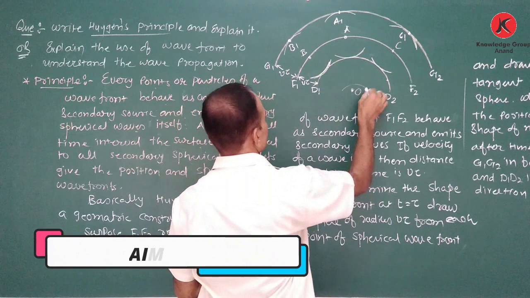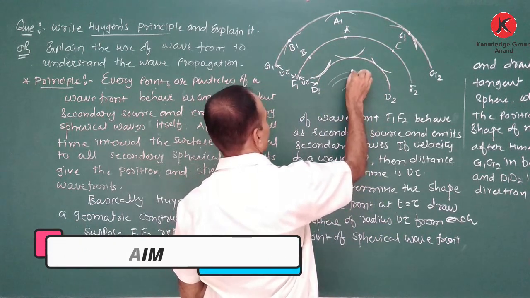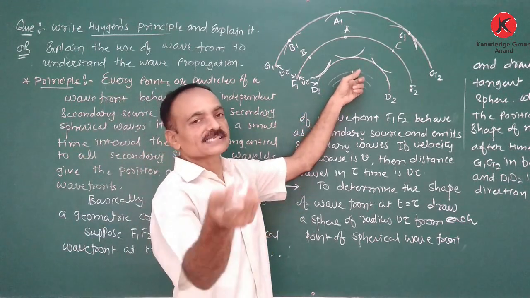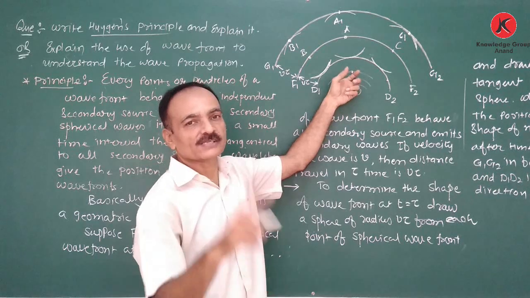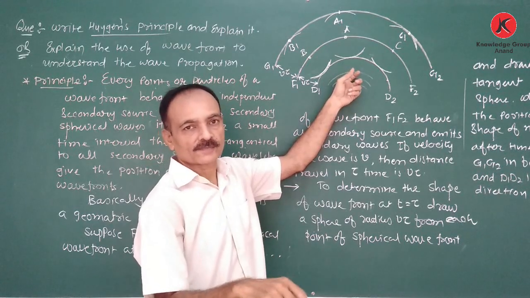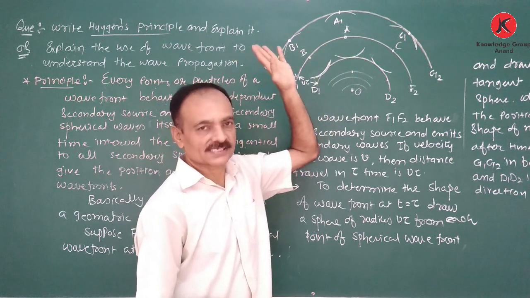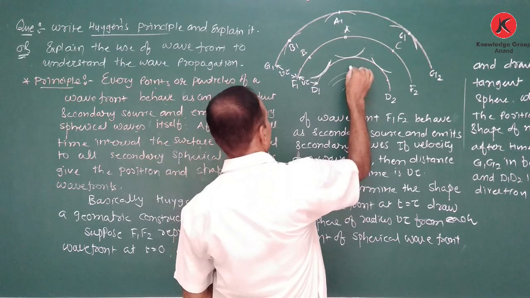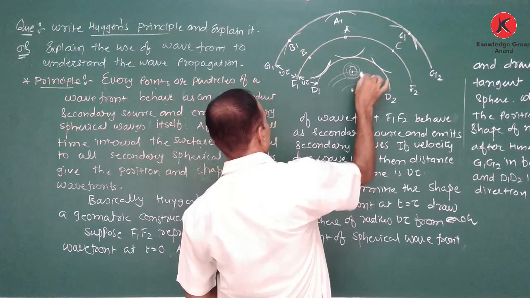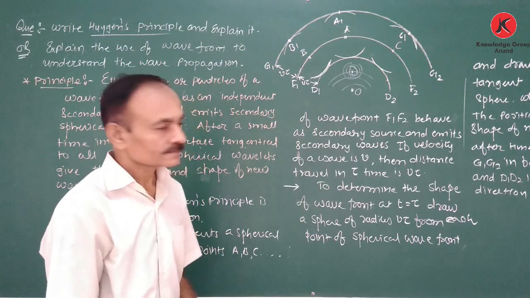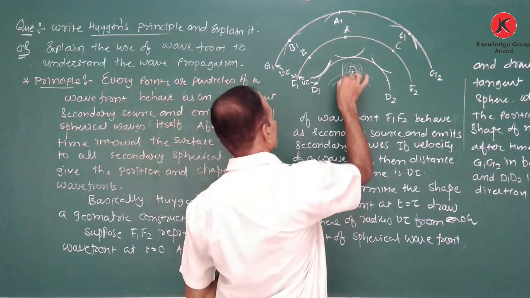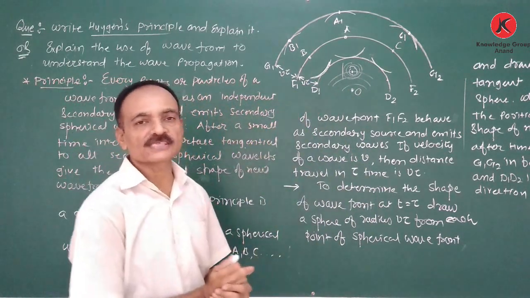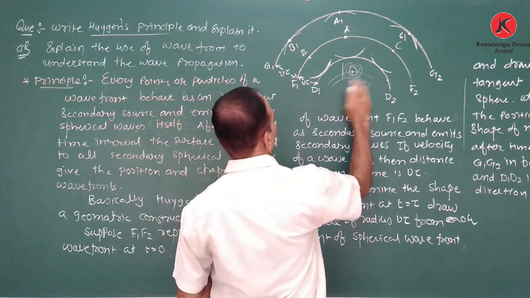When this disturbance passes through different points of the medium, each point also becomes a source of a wave and emits waves in all directions. Now, the tangent to these secondary spherical waves gives the new shape and position of the wavefront.